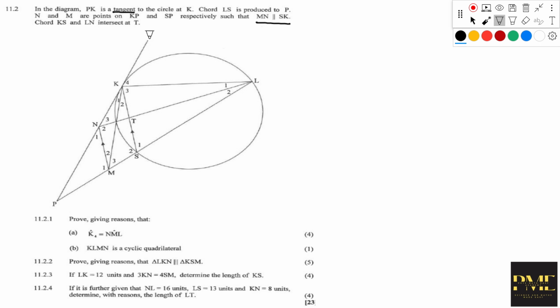So we've got tangent PK. PK makes two angles with chords, angle K1 and K2. Angle K1 and K2 subtend L1 and L2 at the circumference. Then K4: its chord subtends S1 at the circumference, and it subtends an angle equal to the one it builds at the circumference.